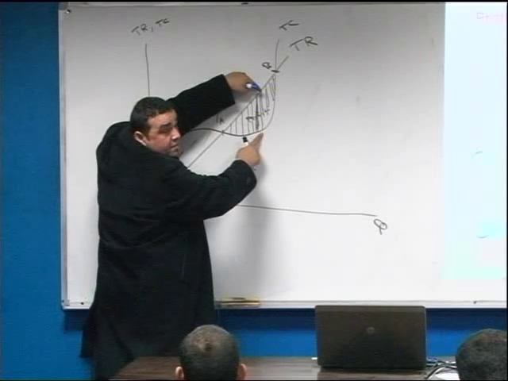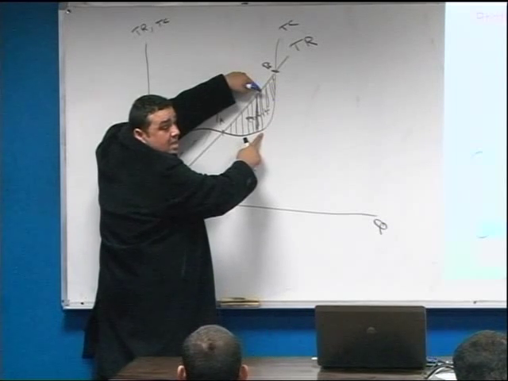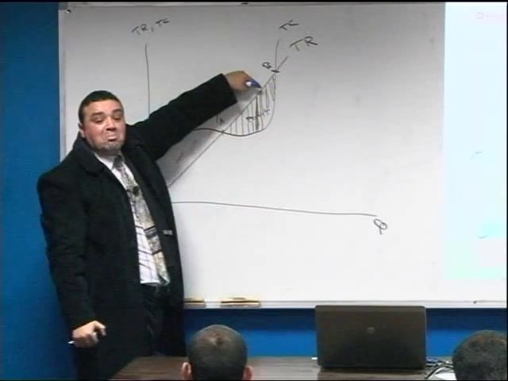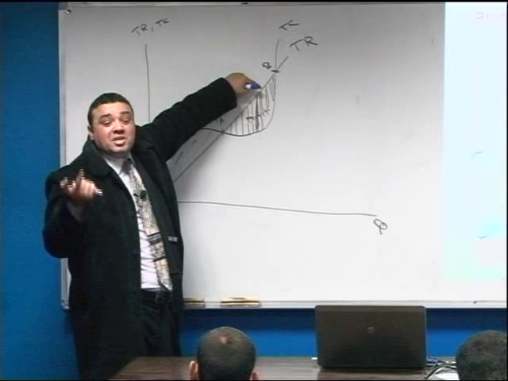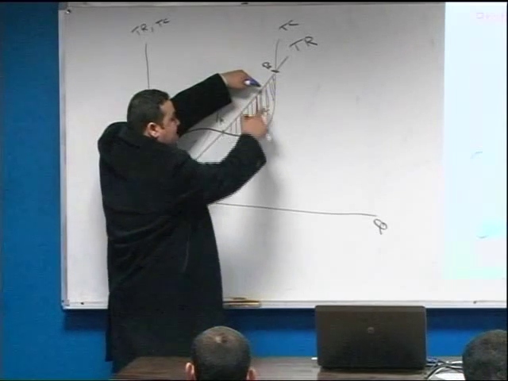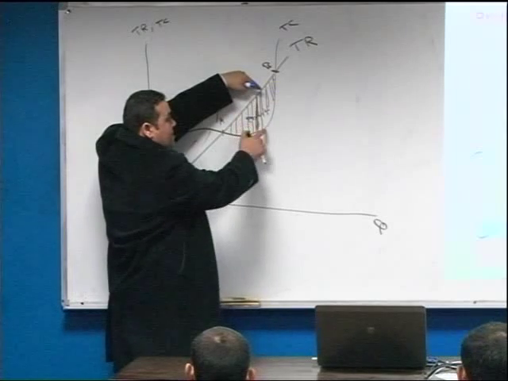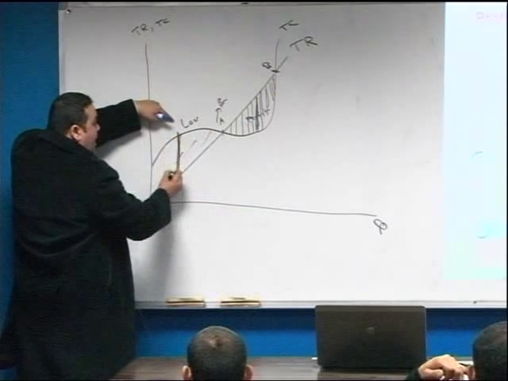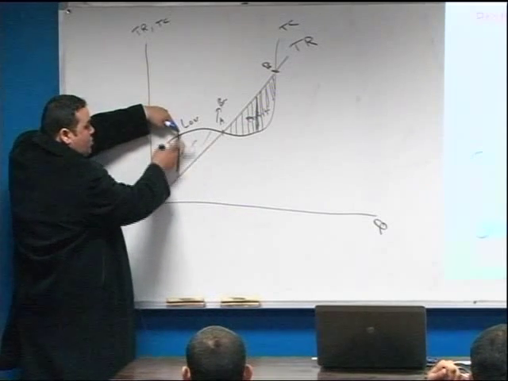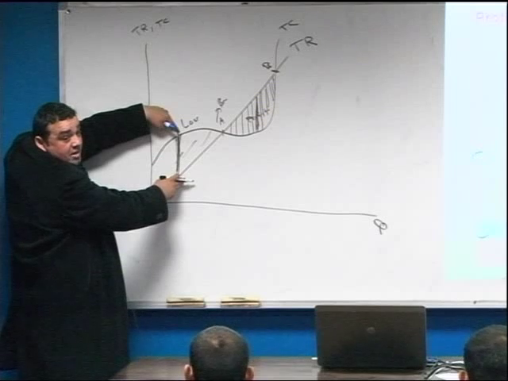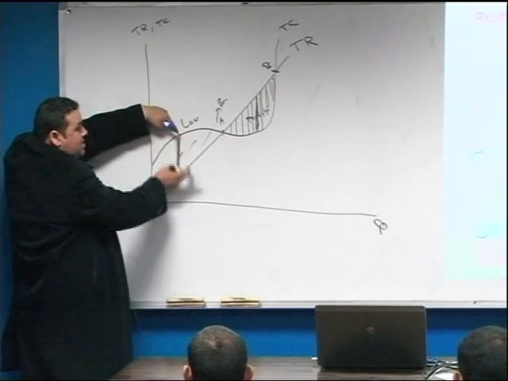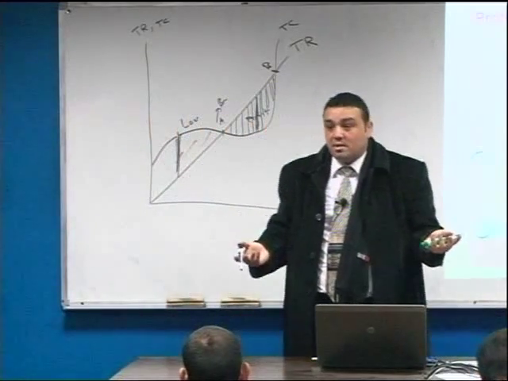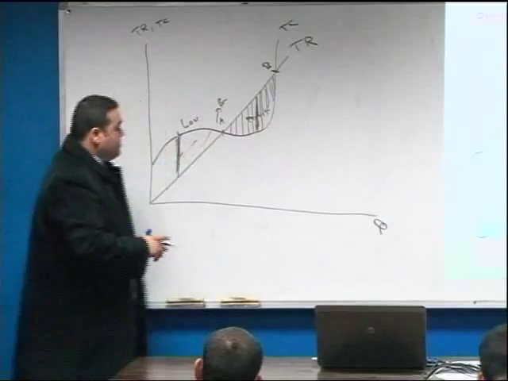So the highest vertical distance maximizes the profit under the condition that total revenue must be greater than total cost. Because here, there is a highest vertical distance between total cost and total revenue, but the total cost is larger than the total revenue. So there is a loss. There are no profits, right?